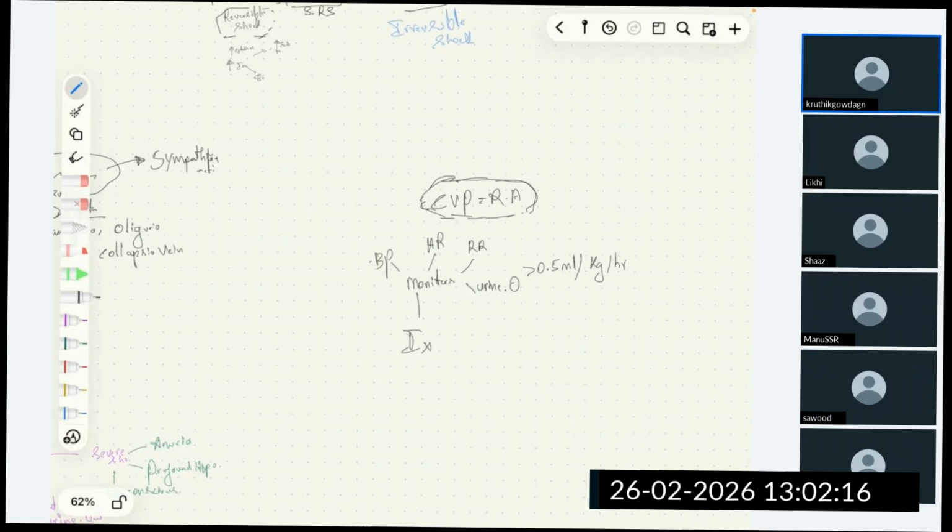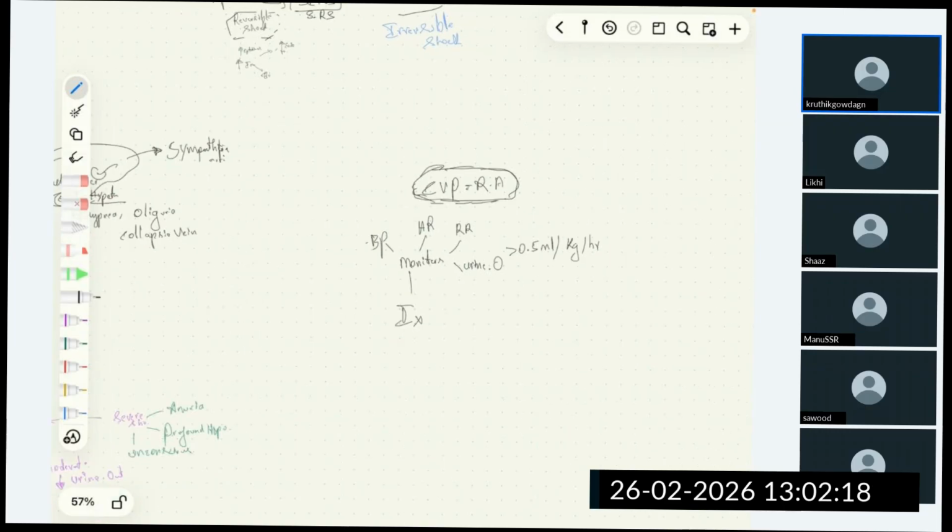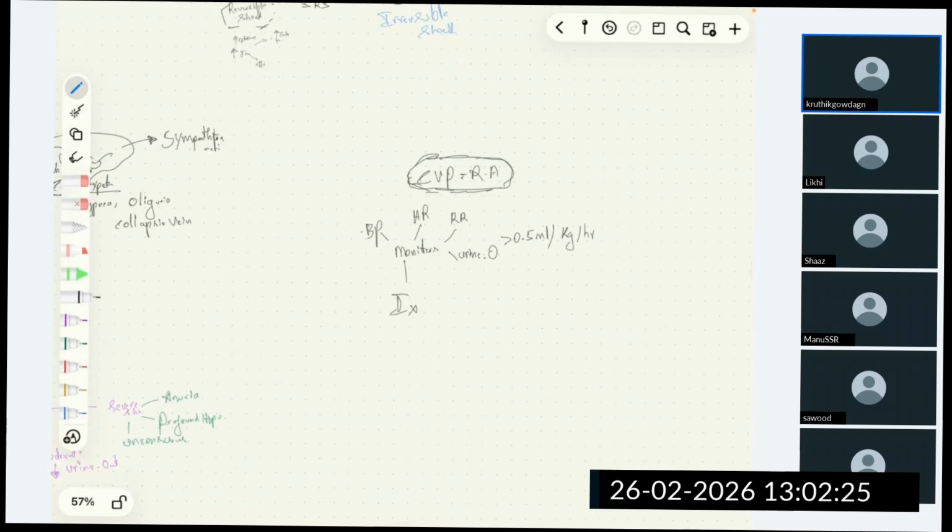After giving the fluid, we can monitor the response, whether there is ongoing hemorrhage or not, whether the patient is responding. We can do it by continuous venous pressure monitoring. That is a separate topic. We'll see if we get time at last, we can discuss that.